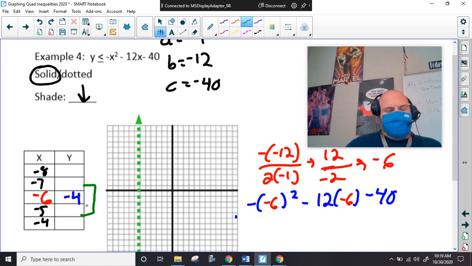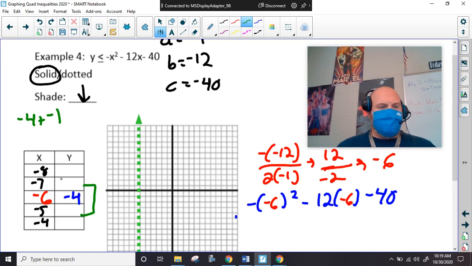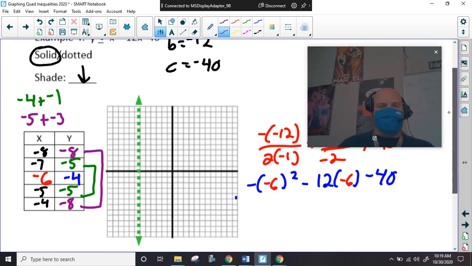All right, this is 1A. So we end up with -4 plus -1 gives us -5. This is 3A, so we have -5 plus -3, which is -8. Okay.